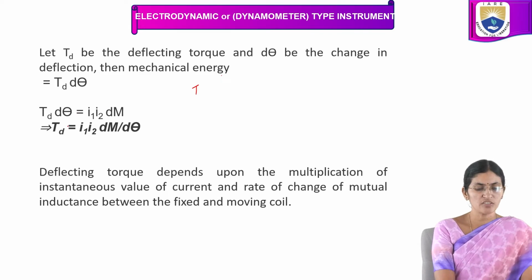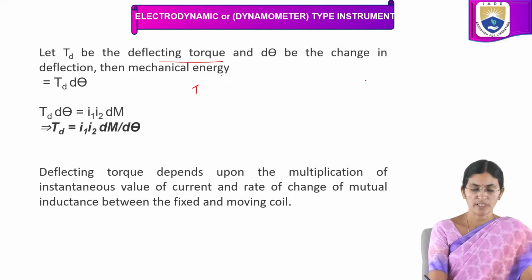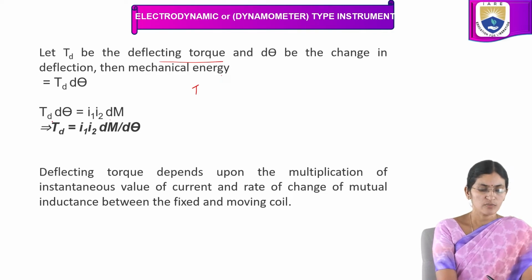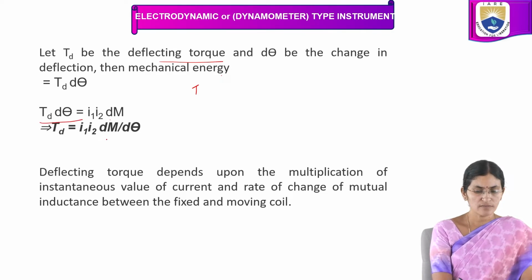Under the influence of the deflecting torque, the moving coil will try to rotate, so there will be a torque acting on the moving coil. Equating these two, deflecting torque Td into d theta is equal to I1 I2 into dM. So from this we can write Td is equal to I1 I2 into dM by d theta.